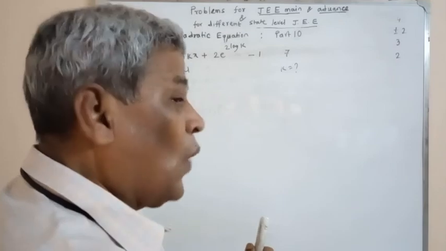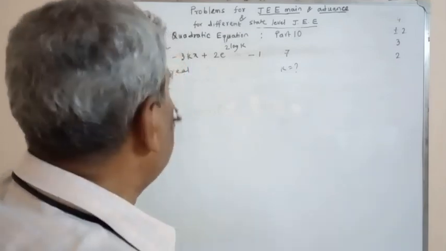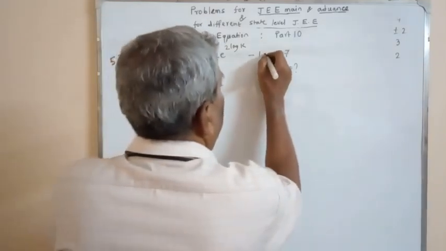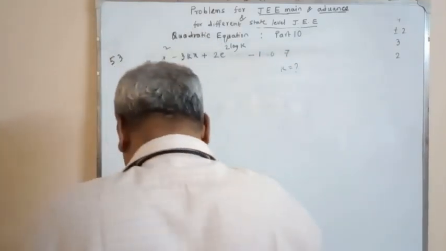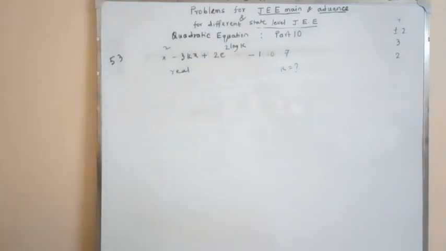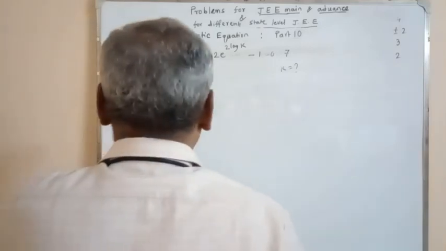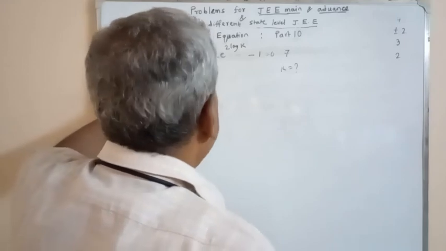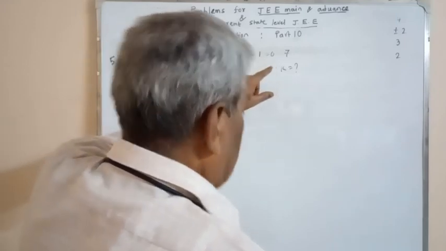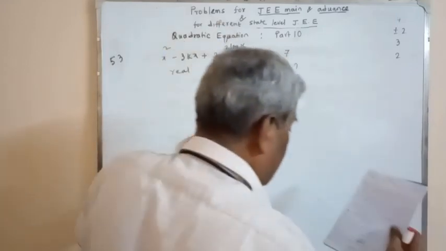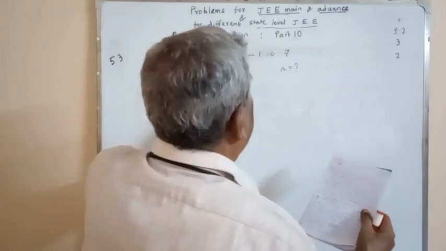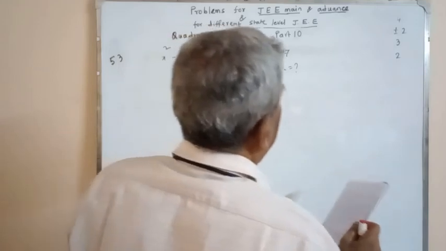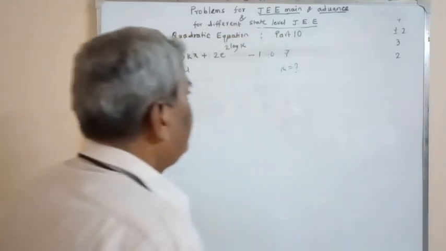Here one quadratic equation is given, this is equal to 0. Given that product of roots of that is 7 and roots are real, then the value of k.